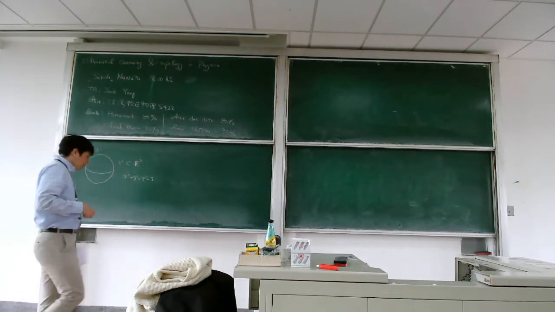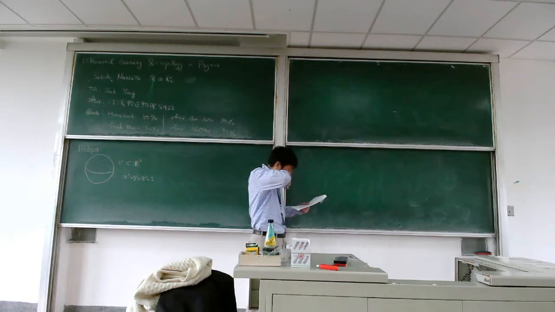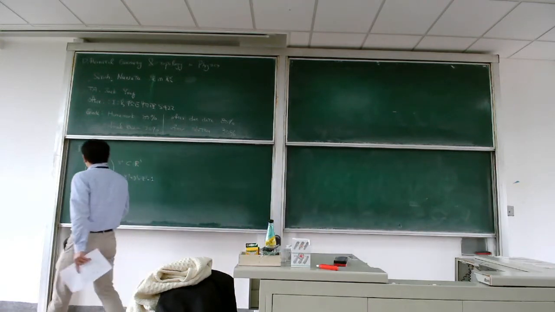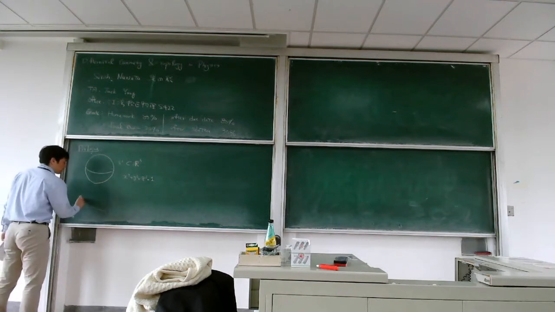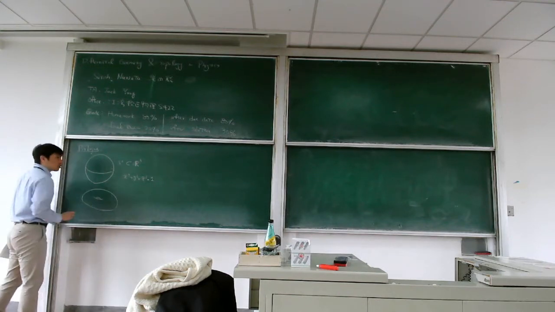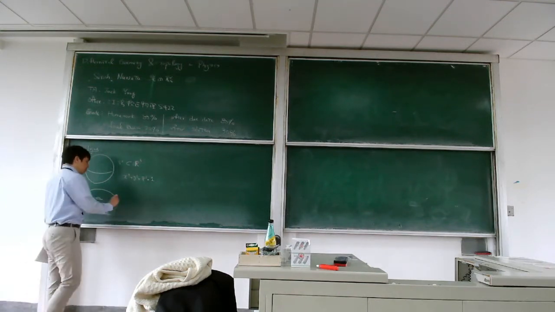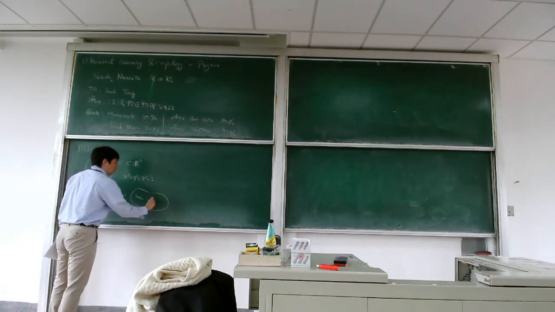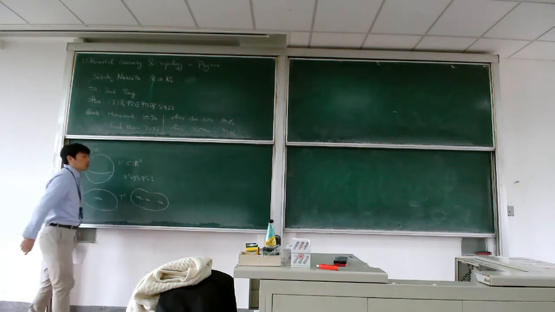That's how you can learn from my lecture. So this is the two-sphere, but there are a lot of surfaces in two dimensions. For instance, there is the torus, which usually has lots of holes.